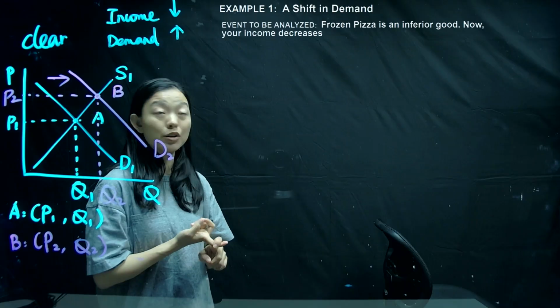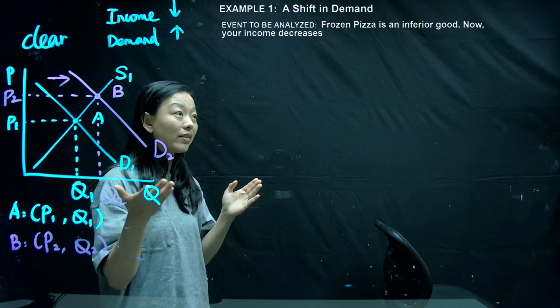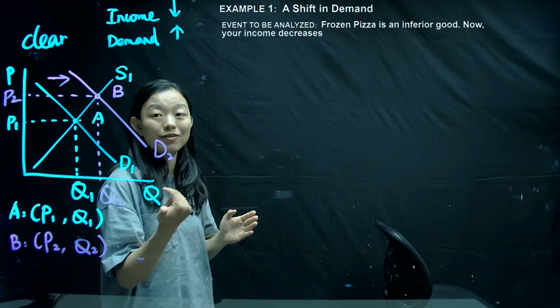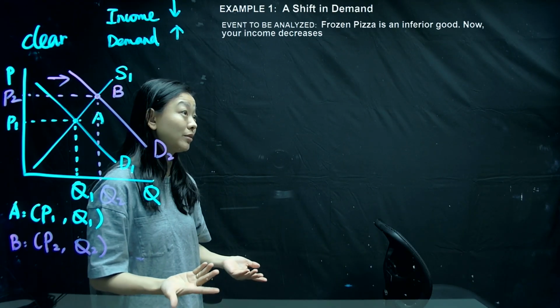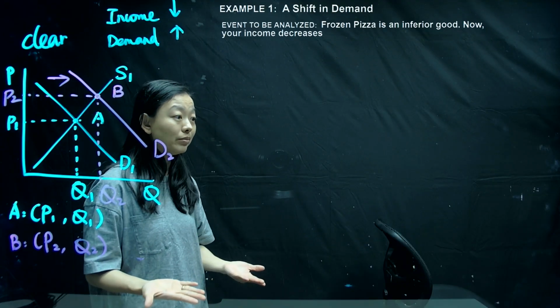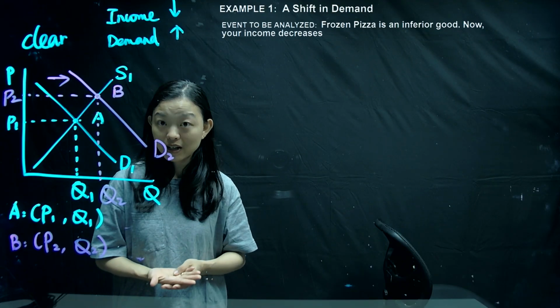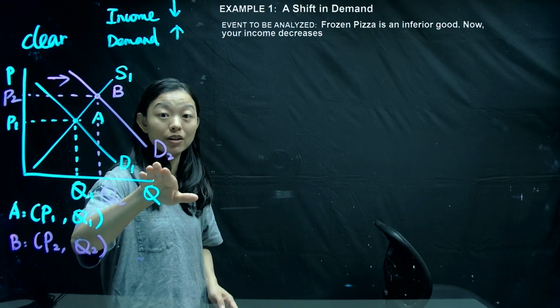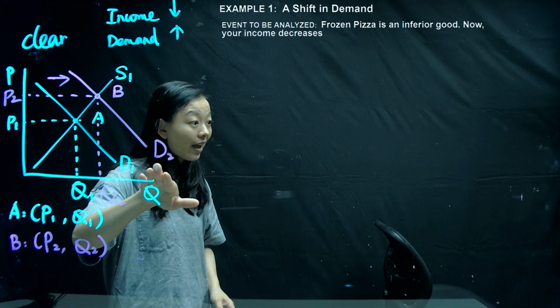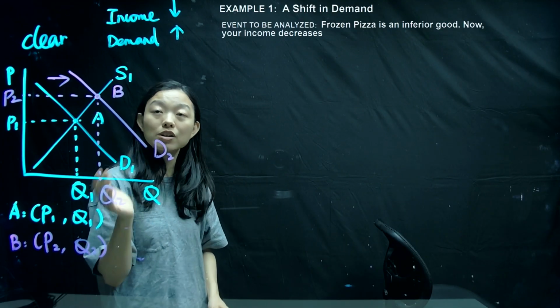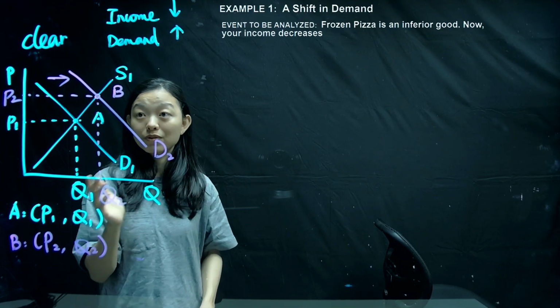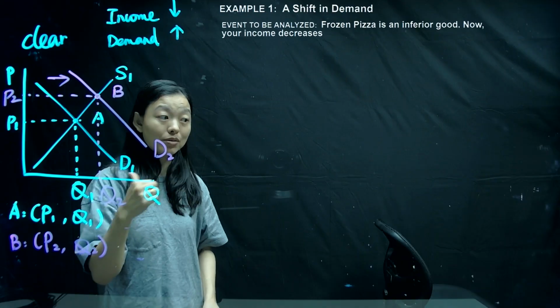First, I need to determine whether this event will affect the demand curve or the supply curve. And I know income is one of the demand shifters, right? So it will affect the demand curve. And then we need to determine which direction it will shift, to the left-hand side or to the right-hand side.